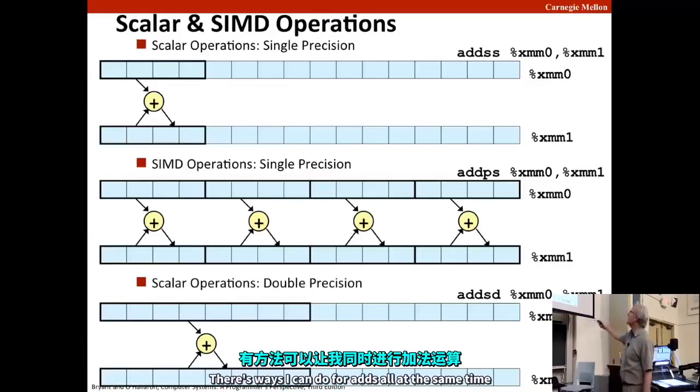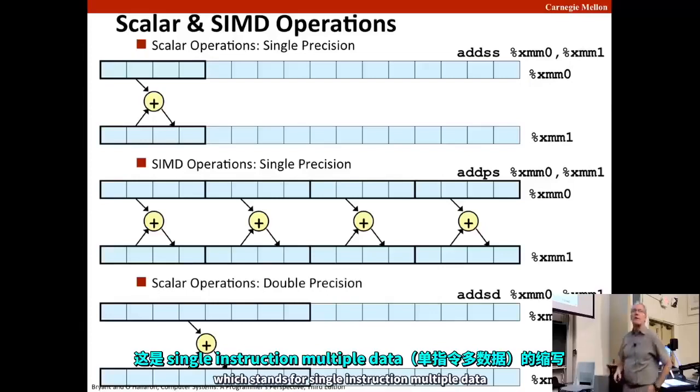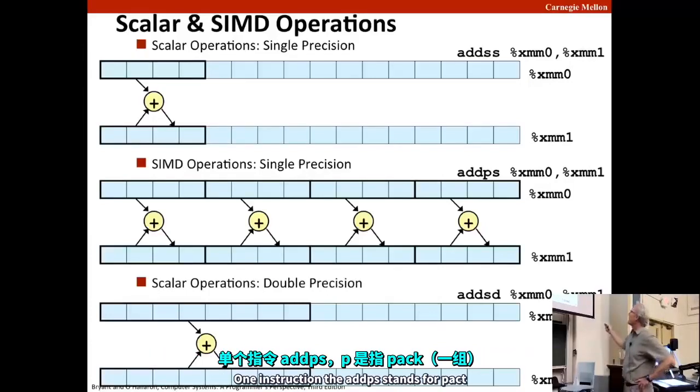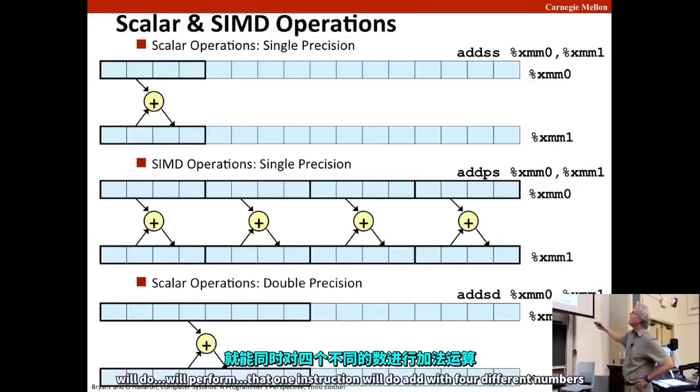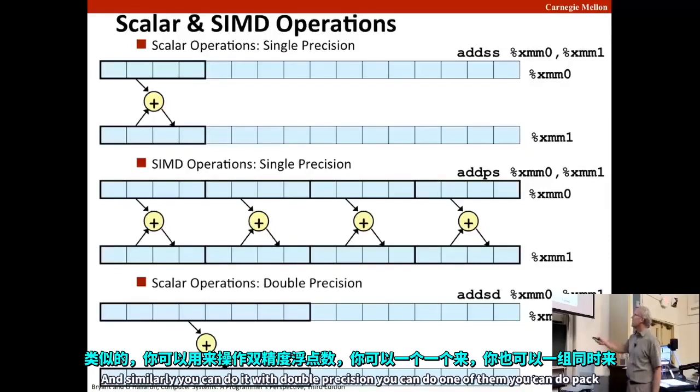There are ways I can do 4 adds all at the same time, using what they call SIMD execution, which stands for single instruction multiple data. With one instruction, addps, where P stands for packed, that one instruction will do the add with 4 different numbers. And similarly, you can do it with double precision, packed.